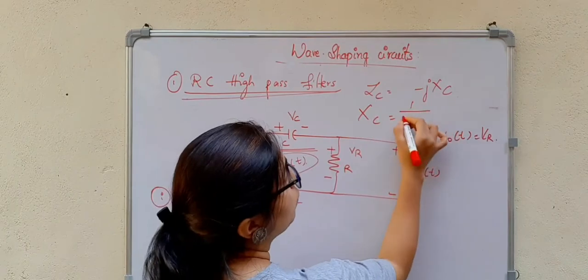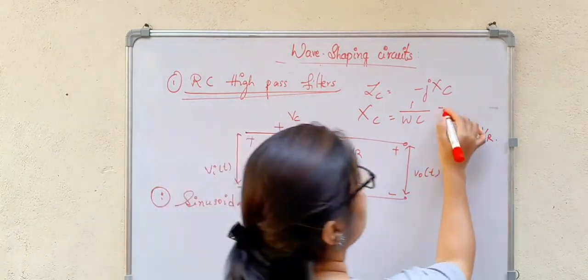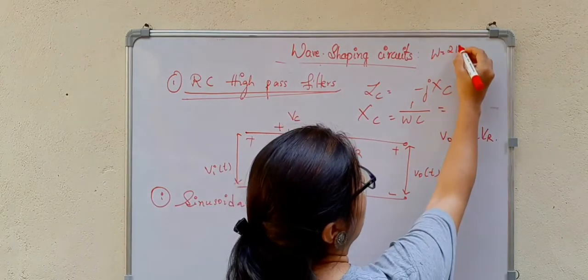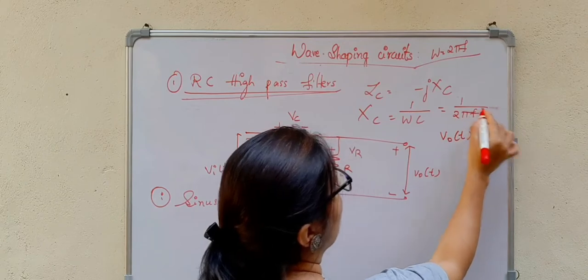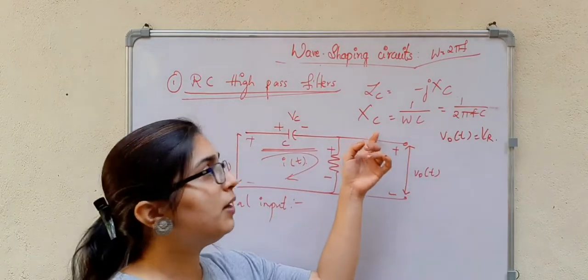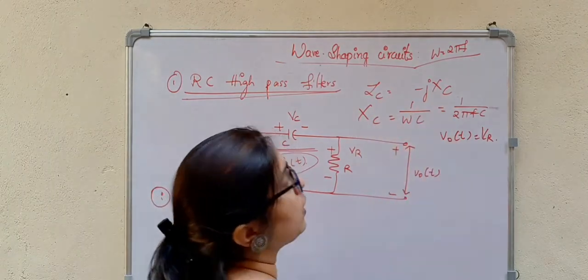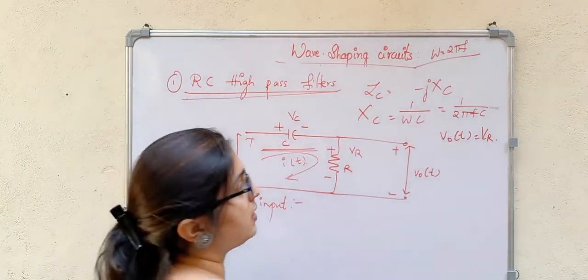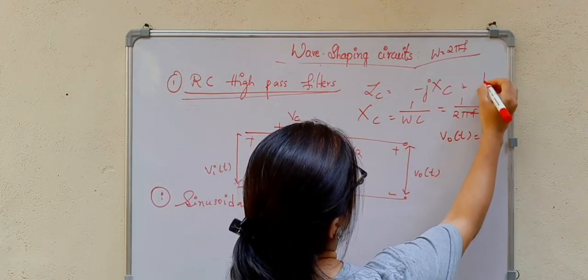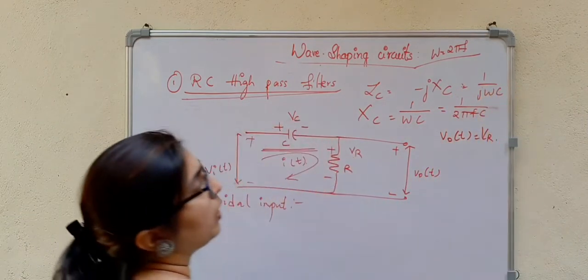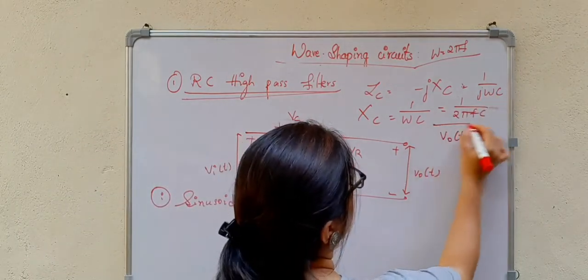XC is equal to 1 by omega C, where omega is the angular frequency. Omega is equal to 2 pi f, so XC is 1 by 2 pi fC. This is the reactance of the capacitor. So ZC is equal to minus jXC, or this can also be written as 1 by j omega C.